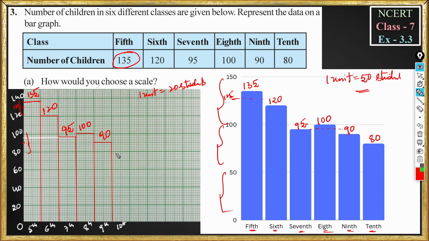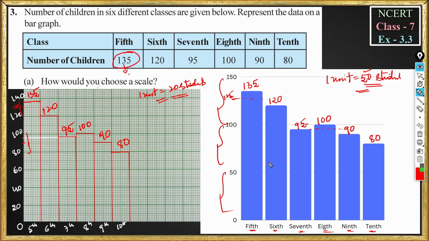And next is 80. 80 we get here. So this is 80. Like this, based on the highest observation in the data, that is here 135, we can divide each unit to 20 students or 50 students or 10 students each, and we can represent data on a bar graph.